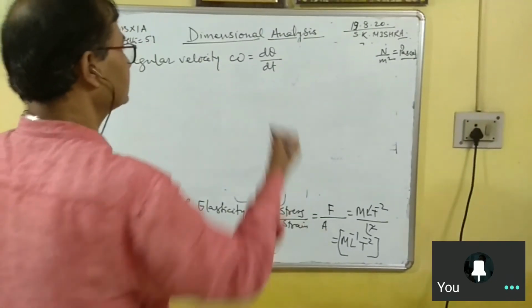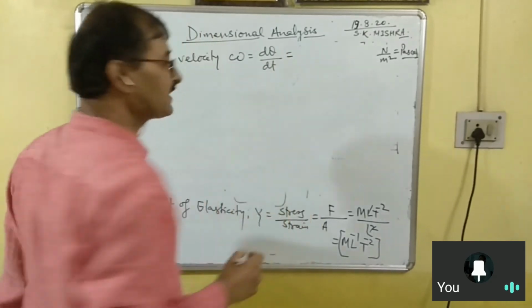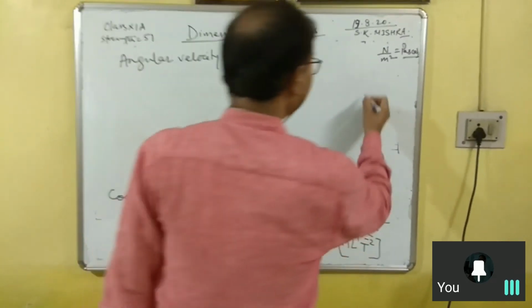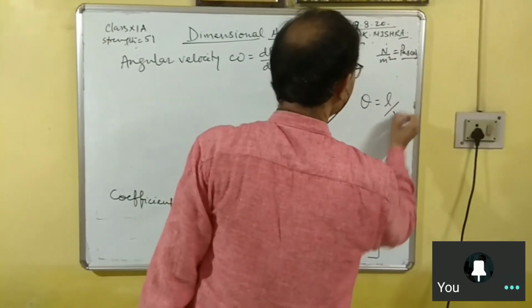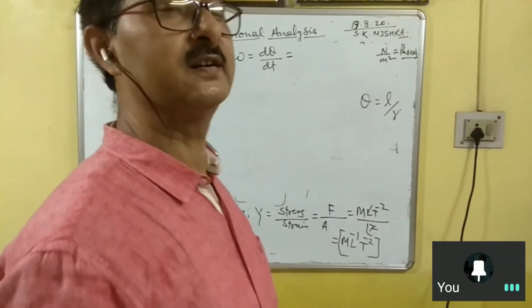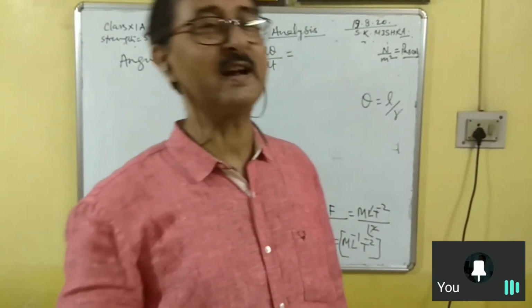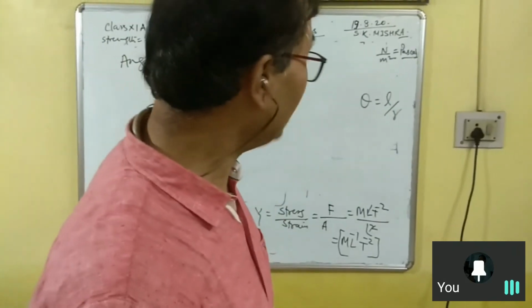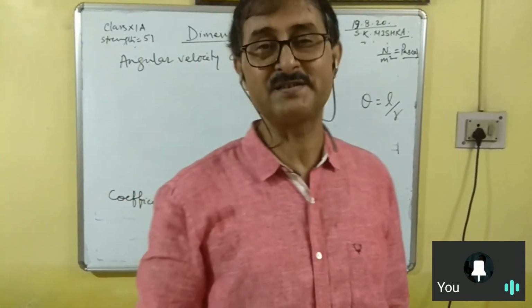Theta has no dimension. Why? Because theta is equal to L by R. But it has a unit. There are some physical quantities which may not have dimension but have units.